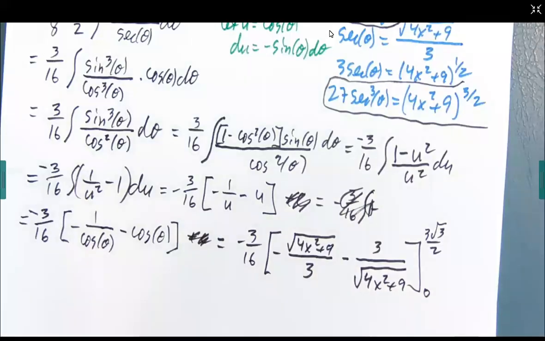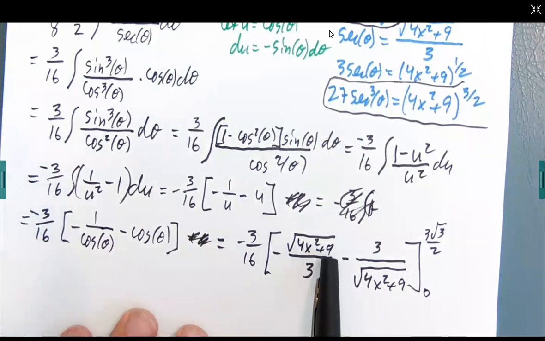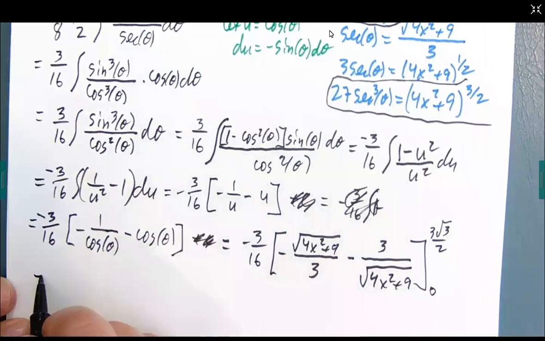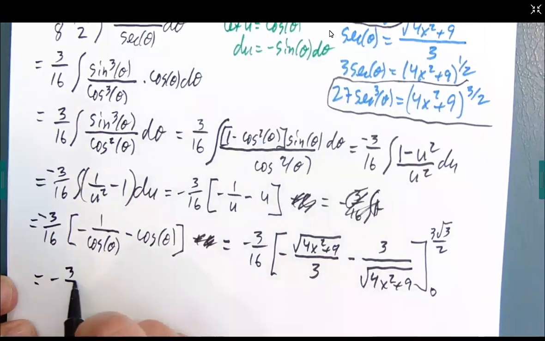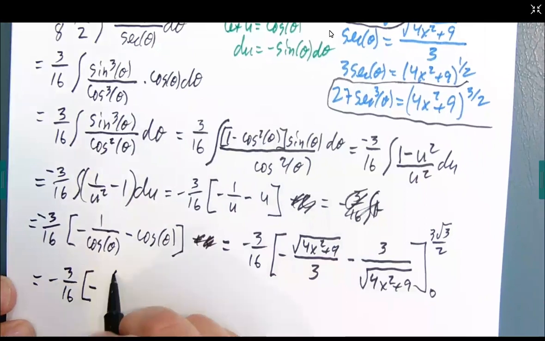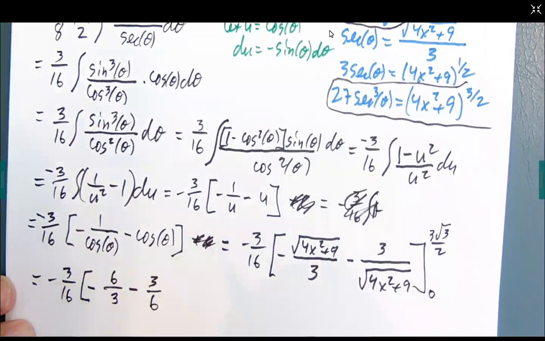What's funny about this one is when I plug in 3 root 3 over 2 for x, square it, multiply it times 4, plus 9, that's 36. So all of this becomes negative 6 over 3 minus 3 over 6.